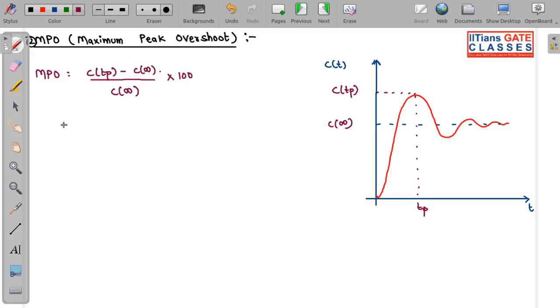So now at peak you can calculate the value. What is C(Tp)?